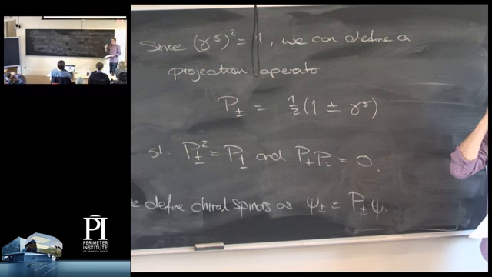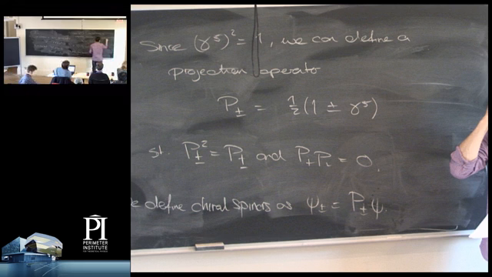Okay? In particular, if you went through this procedure in the chiral representation and figured out what these psi plus minus were, you would find that in the chiral representation, psi plus is U plus, 0, and psi minus is 0, U minus.